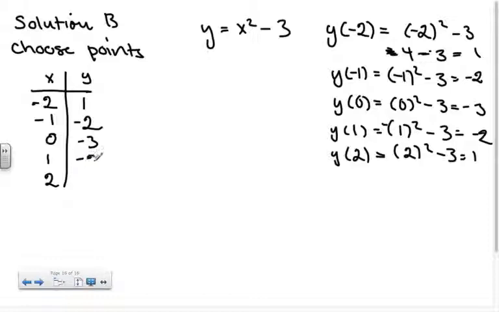So this will be negative 2, and this will be 1. And since these two are exactly the same, I can say it's symmetrical with respect to the y-axis. Because again, the opposite of x has the same value.